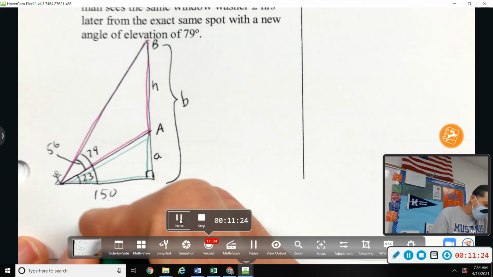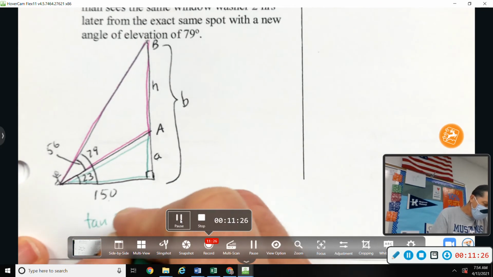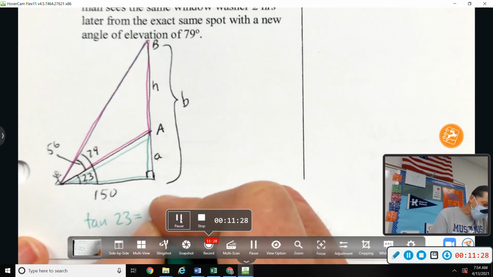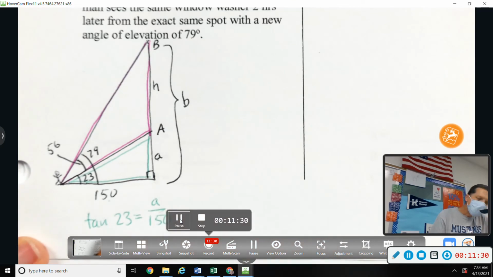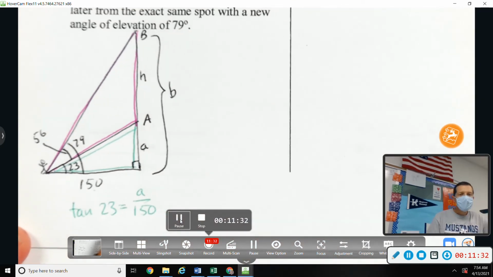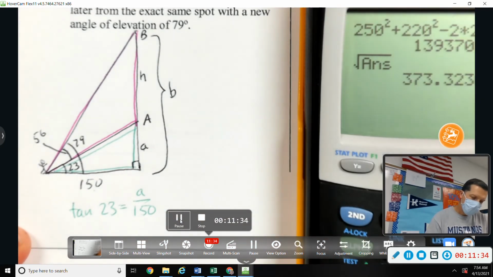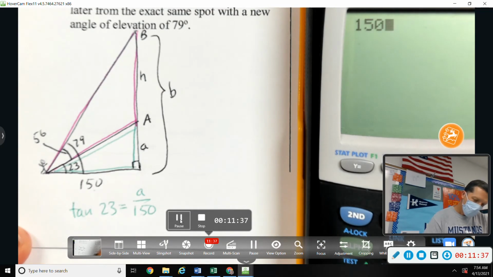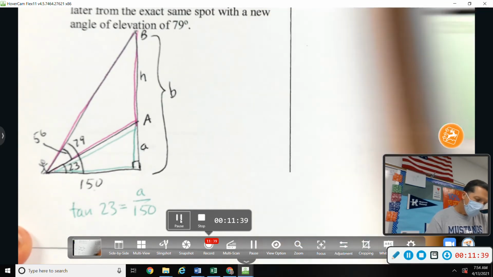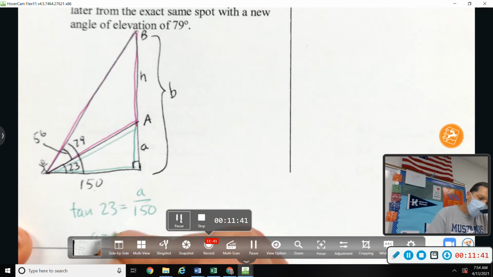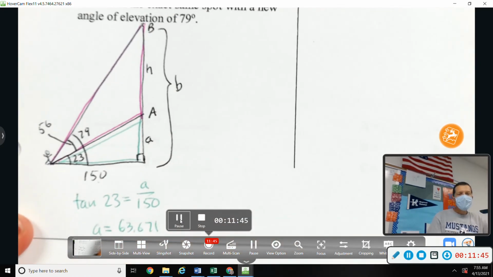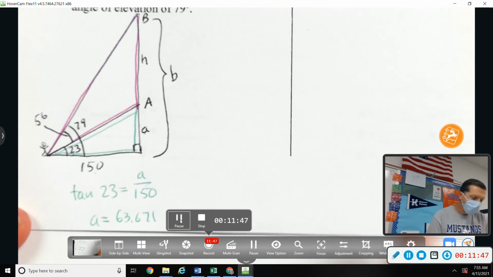So I can say the tangent of 23 equals opposite over adjacent. So A is 63.671. Not my final answer, but helpful.